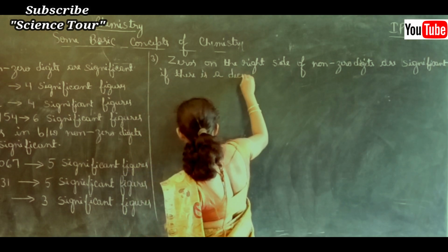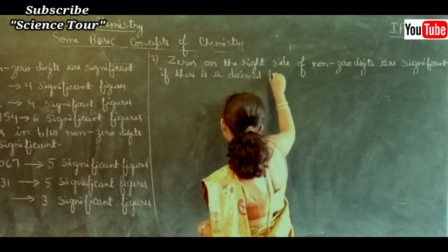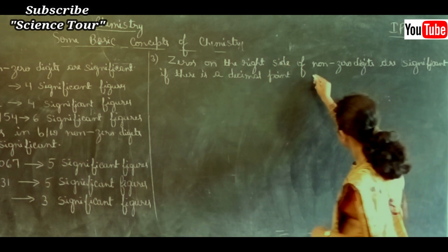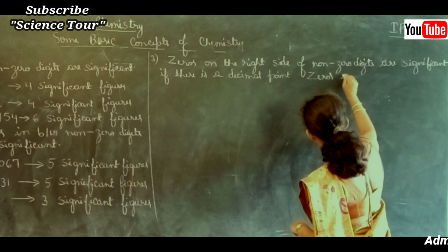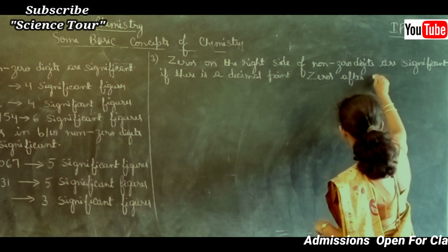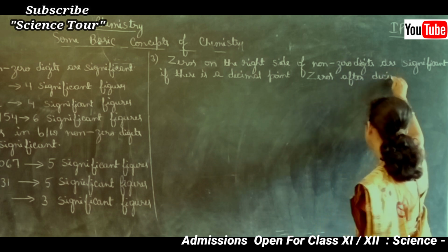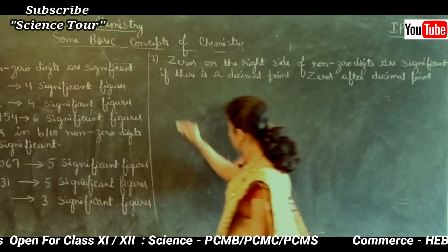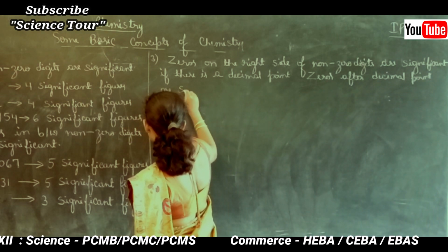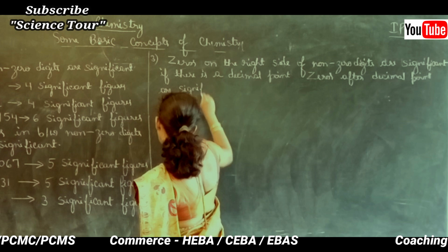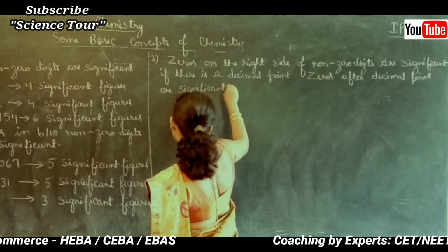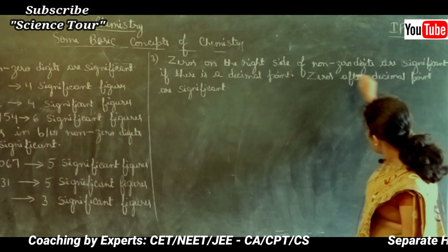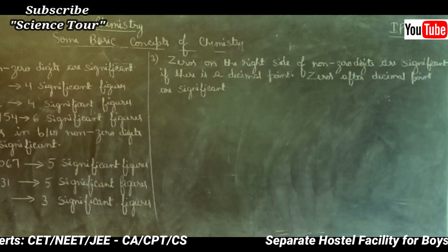If there is a decimal point, then zeros on the right side are significant. Zeros after a decimal point are also significant. Understand, students? Zeros on the right side of the non-zero digit are significant only if there is a decimal point, and zeros after a decimal point are also significant.